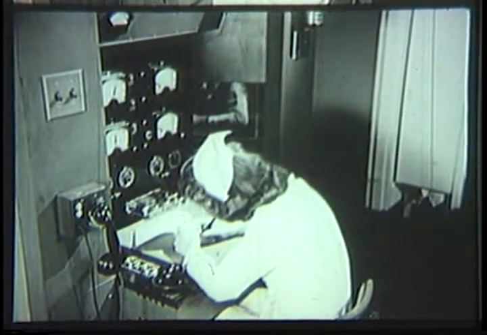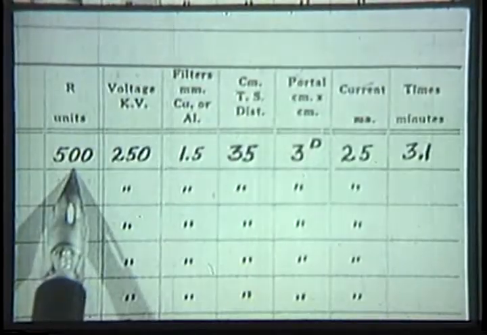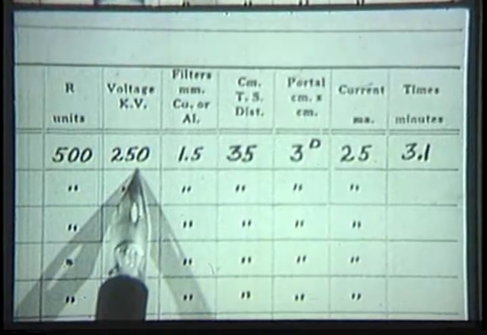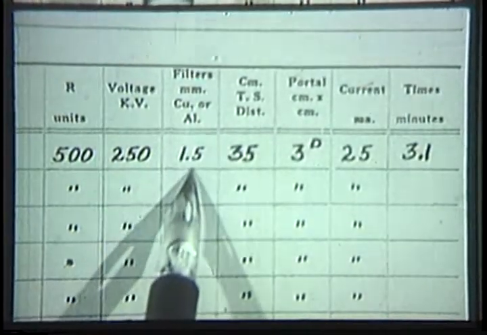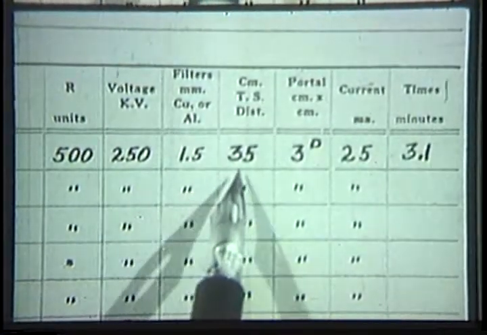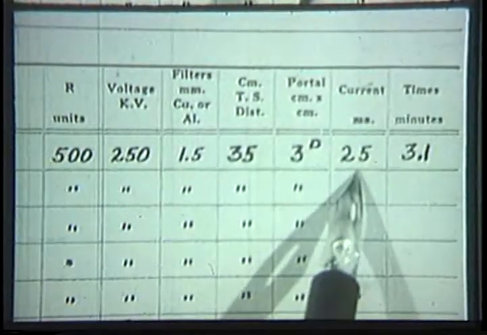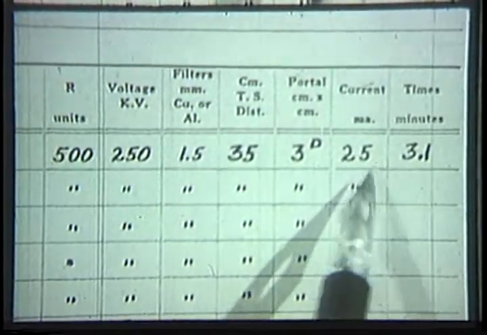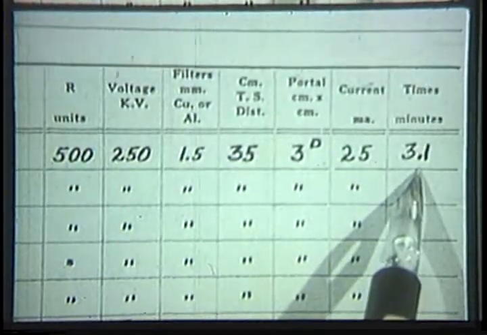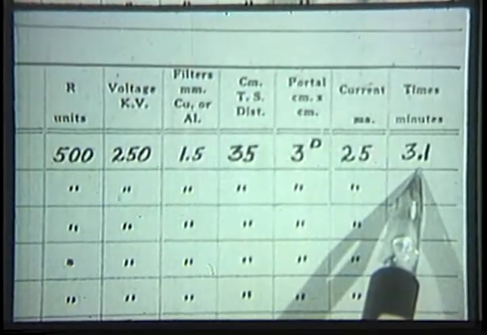On the patient's record chart, the nurse technician enters the prescribed dosage, the voltage, the filter, the target to skin distance, the milliamperage, and the exposure time calculated from the calibration chart.